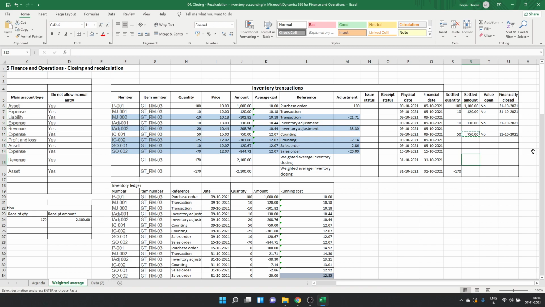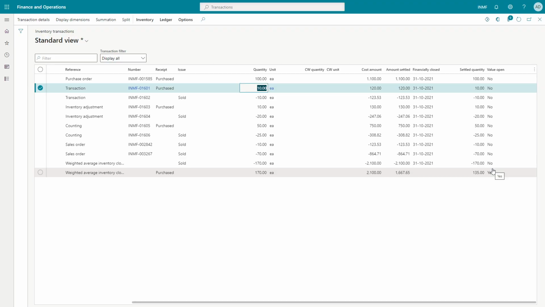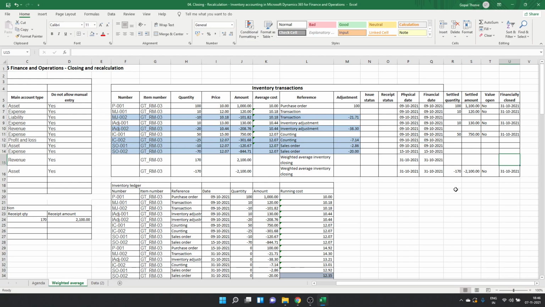Same thing will happen here. It is also 2100. Here also value open is no, and my financial closure date is 31st of October. This is how it appears. So all these transactions are now settled.